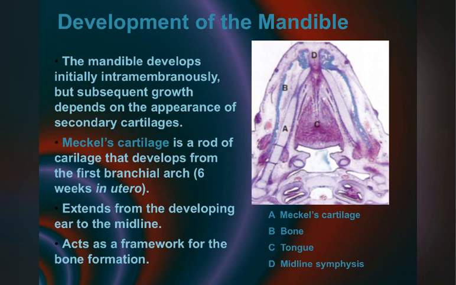In this figure here, we see Meckel's cartilage, letter A, extending from the midline of the mandibular process to the area of the developing ear.